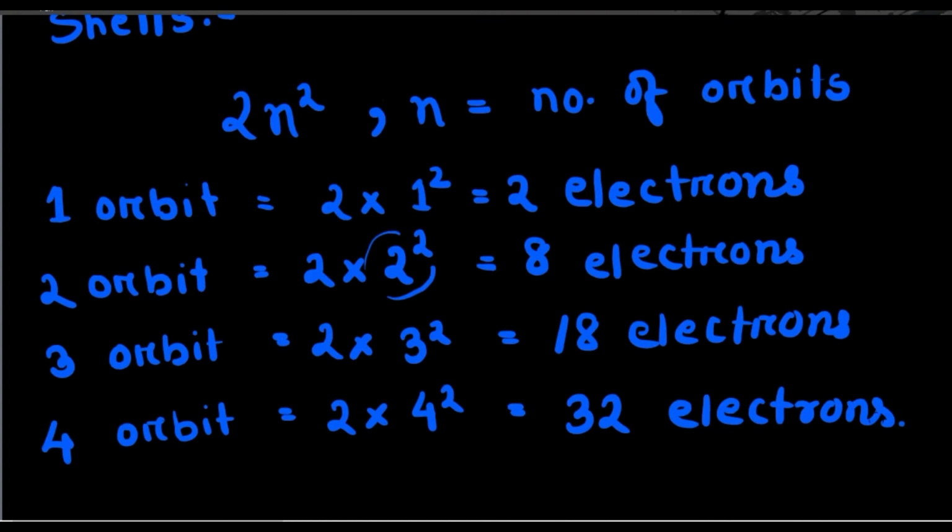So this was how we can distribute the electrons in the various orbits or shells. So at last we will learn the drawbacks of the Bohr's model.